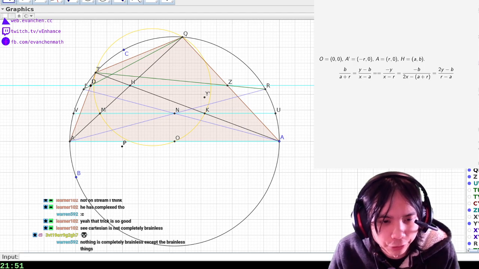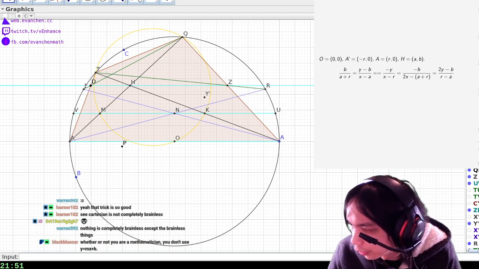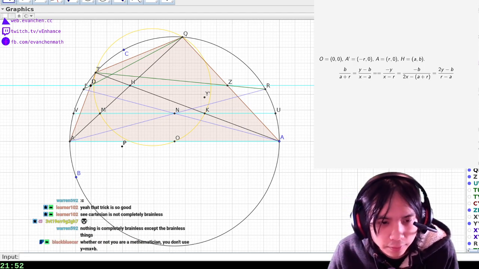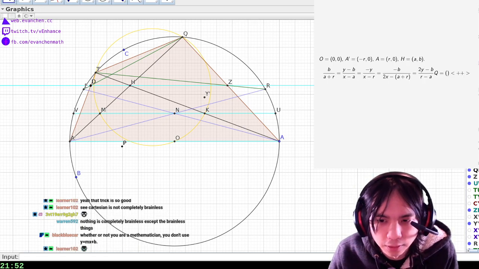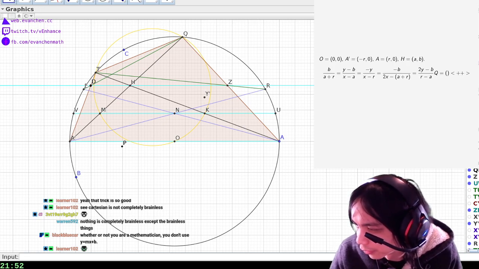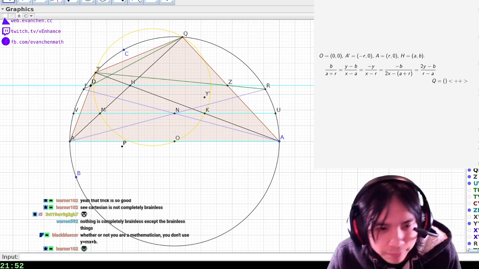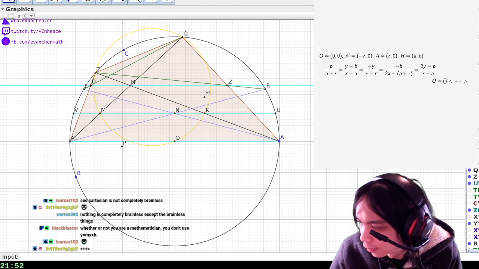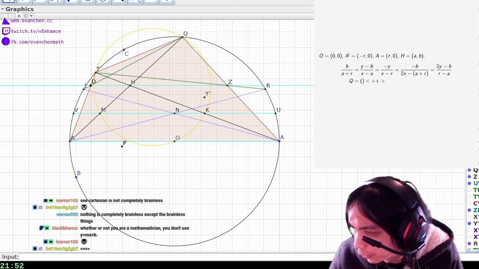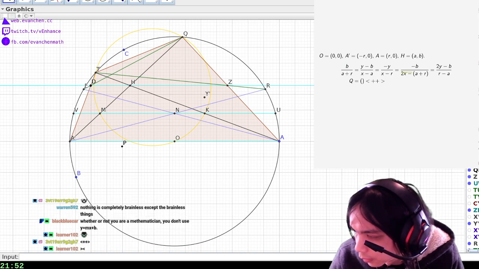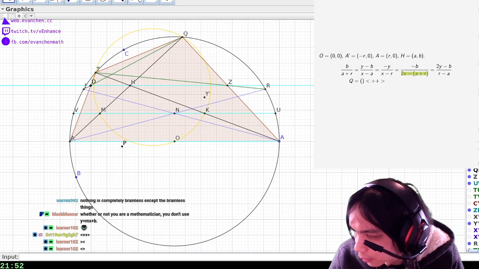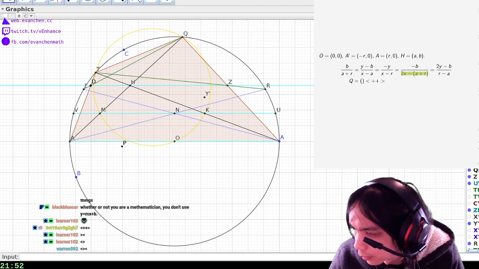So let's solve for Q. So the x-coordinate... Oops. So there's actually some cancellation, right? The x-coordinate, this b will knock out this b. So 2x.